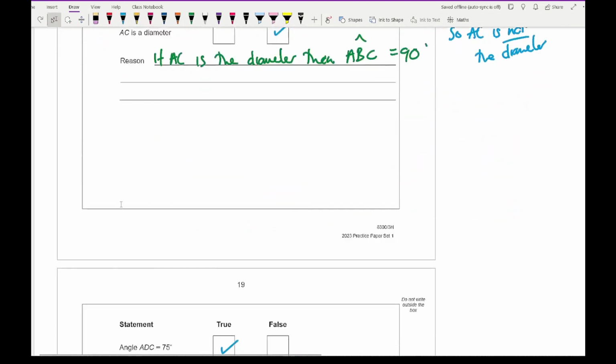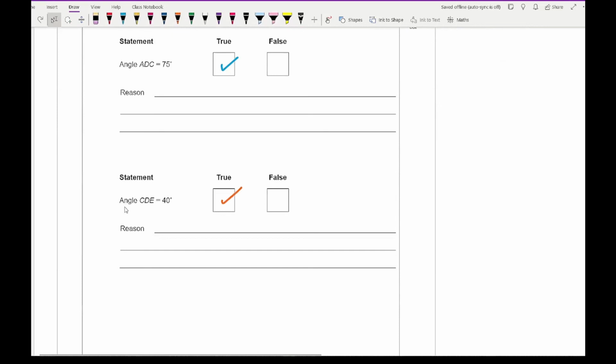So for C, it is 40 degrees, and again the reason is the alternate segment theorem.